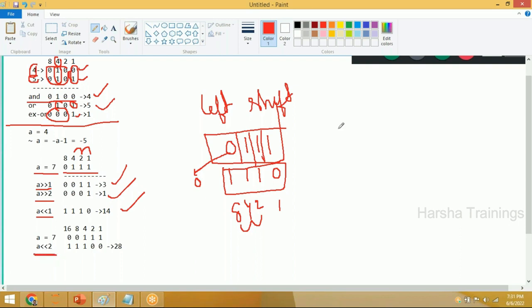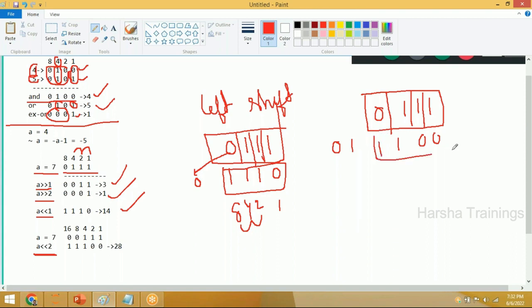Now, how to shift 2 bits left side? Now, look here, 2 bits left side. Now, 0111. In this case, we should be very cautious, Andy. Normally students will do the wrong case, so I will explain how. If I shift 2 bits left, you will do it like this: this 0 and 1 go like this, and these 2 ones you put here, and you put 00. Then 1100, it is wrong.